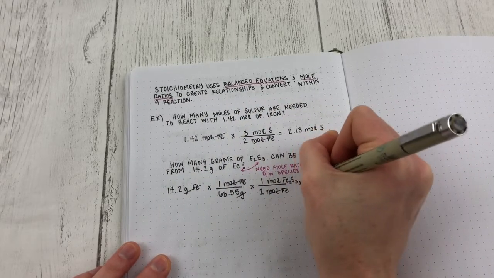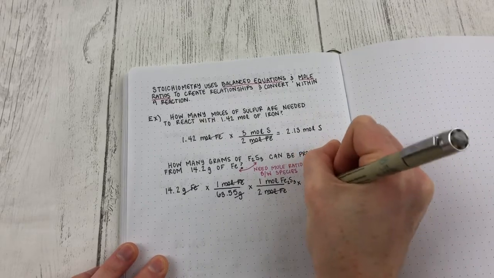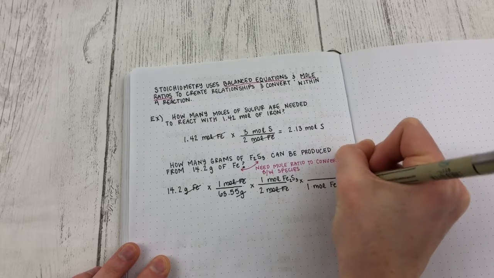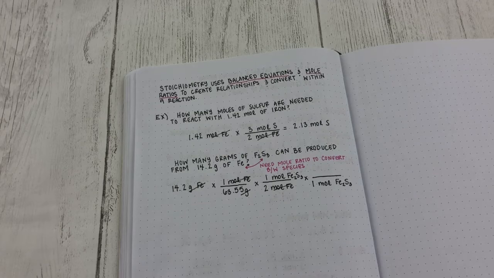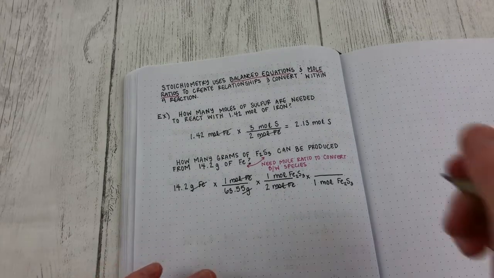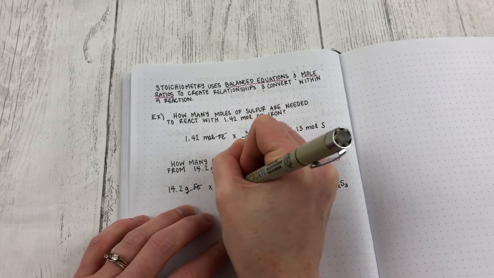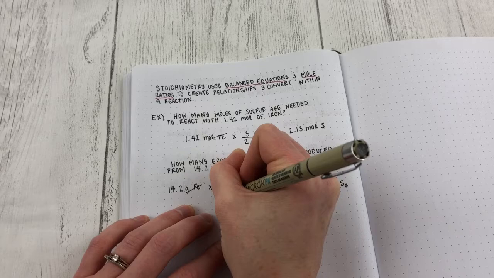And then my last step, since I want to get to grams of iron sulfide, I need to convert from moles of iron sulfide to grams, so I'm going to have to multiply by the molar mass of iron sulfide. And, oh, checking my periodic table, I realized that I wrote down the wrong molar mass for iron. The molar mass of iron is 55.85, not 63.55.